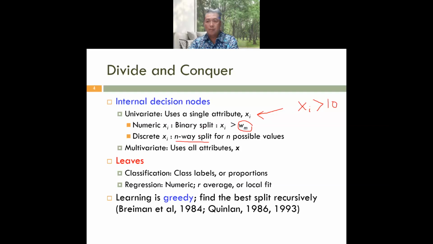But if you want to have an n-way split, that means you have to have a few partitions, saying xi greater than 10, and then in the middle, your xi is in between 10.